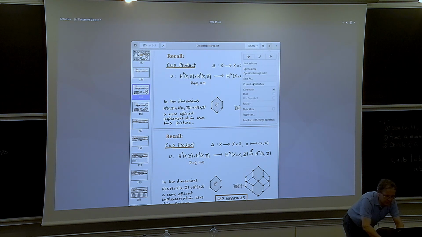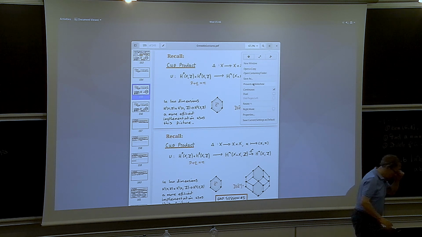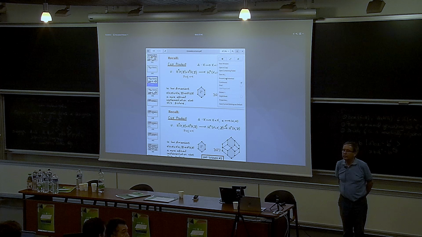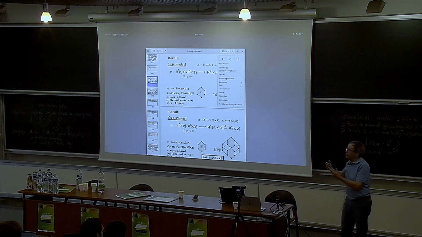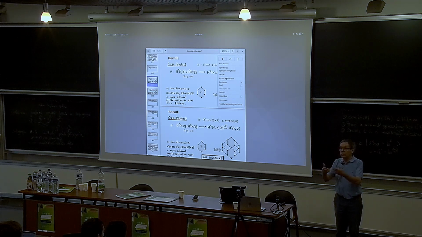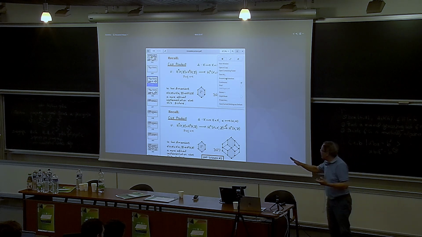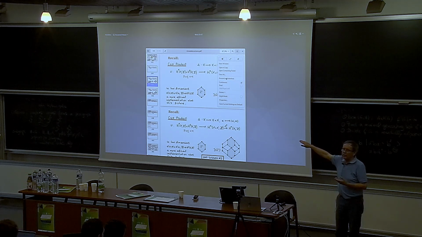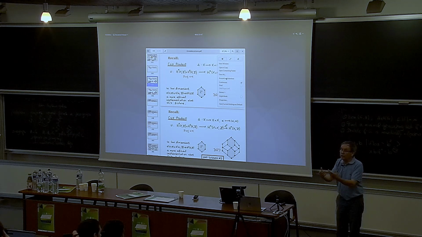Did you tell us what elements you take the cup product of to obtain the 6? No, I didn't. That's a very good question. I took the generators, and you have a choice of generators of the first cohomology.